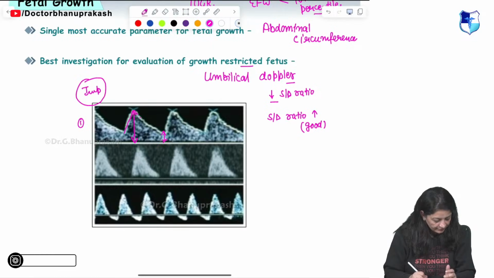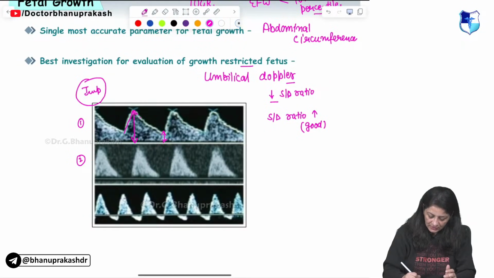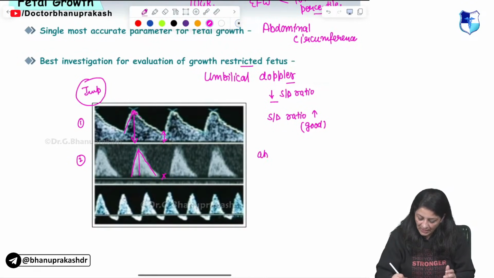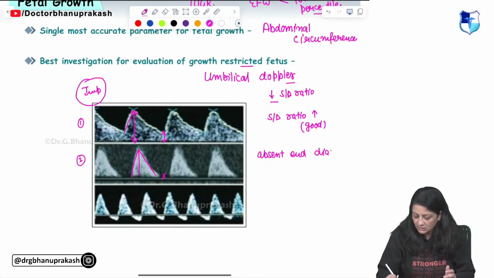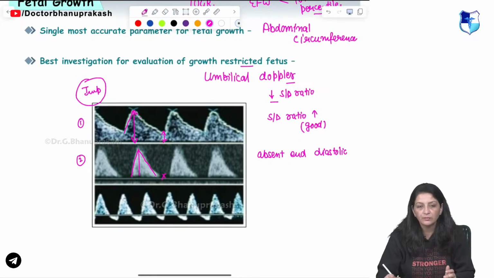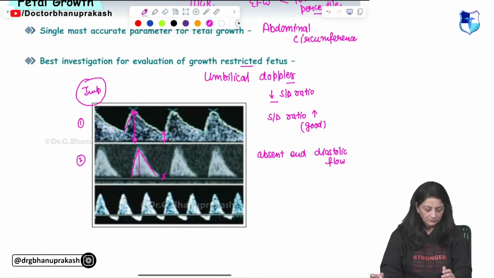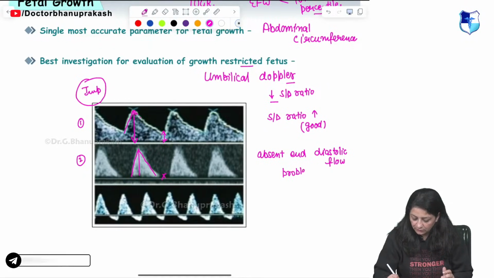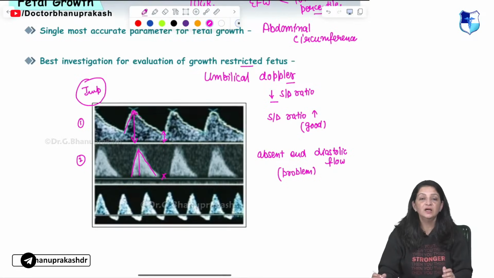Second change in umbilical Doppler, you can see there is a systolic flow, but no diastolic flow. So this is called absent end diastolic flow. It means there is a problem.